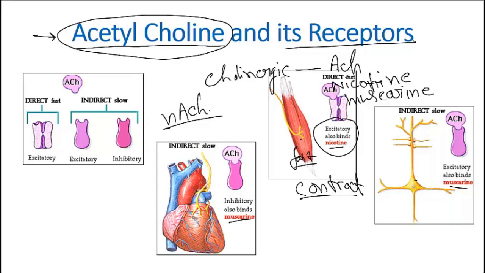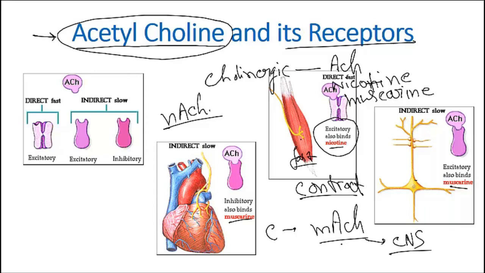The other type is the cholinergic muscarinic receptor, also known as MACH. This is found in the central nervous system most of the time, and in most of the effector organs of the parasympathetic branch of the nervous system, because here acetylcholine acts indirectly.